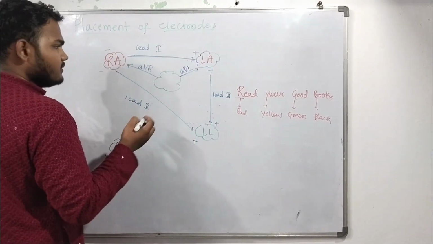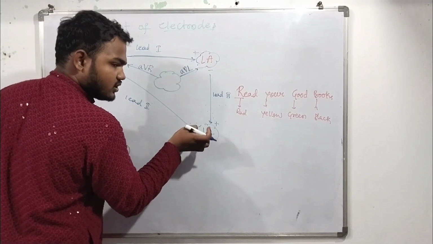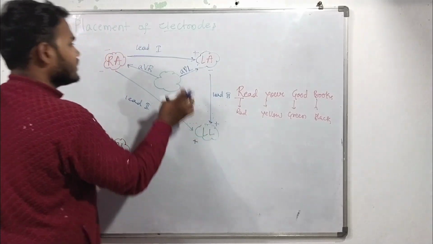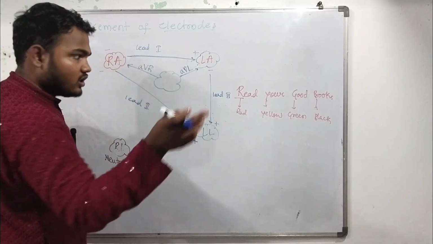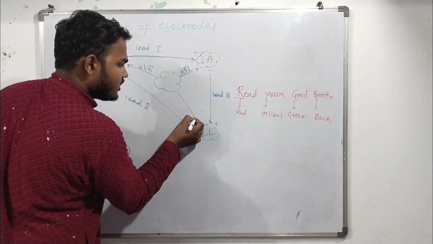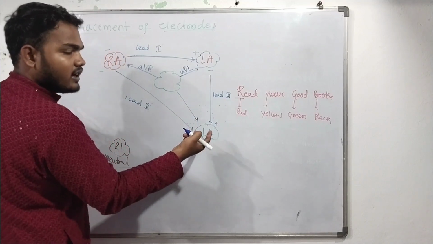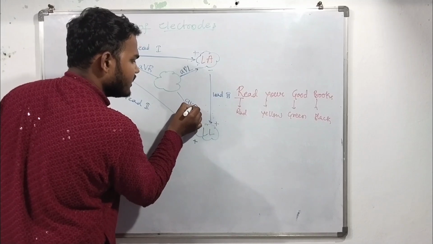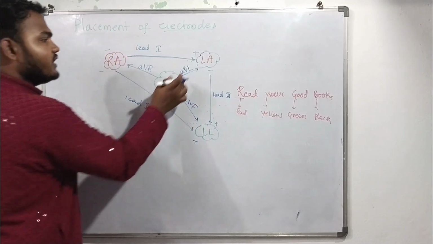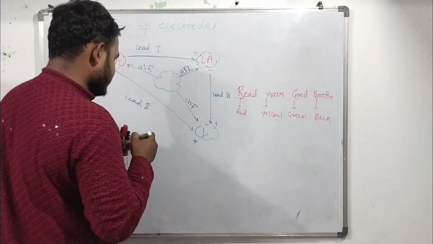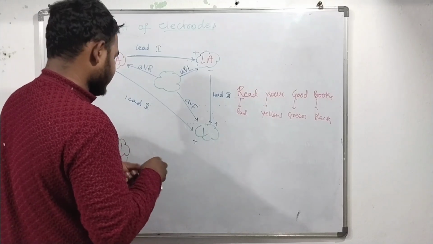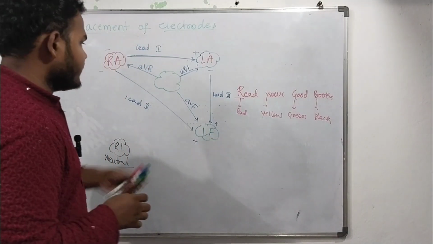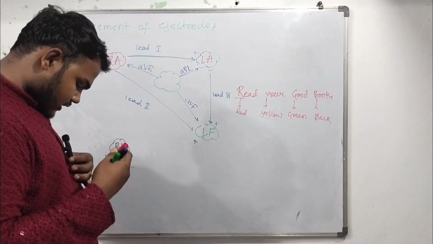Next, same, if there is a positive charge on the left leg, the rest of the 2 electrodes become negative and the resultant electrical activity goes to the left leg. It means aVF. Foot, it is foot. You can write foot here, there is no confusion if you write foot. AVF.